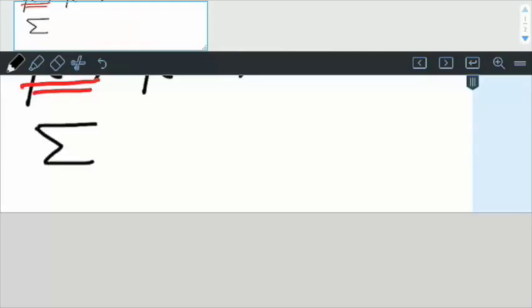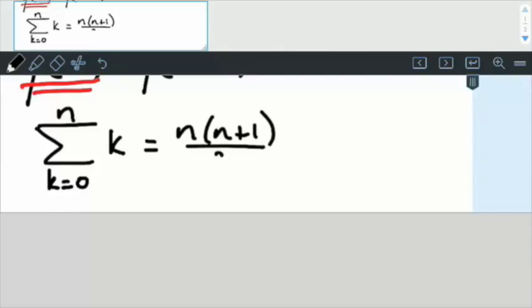Using sigma notation here, I'm denoting that all the values k from 0 till some arbitrary natural number n, when added together, equal n times n plus 1 divided by 2.